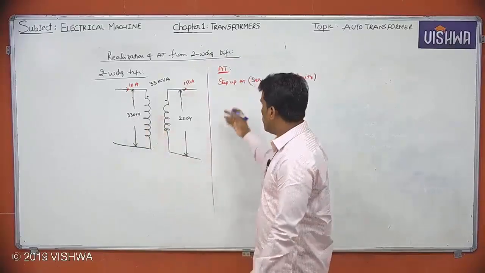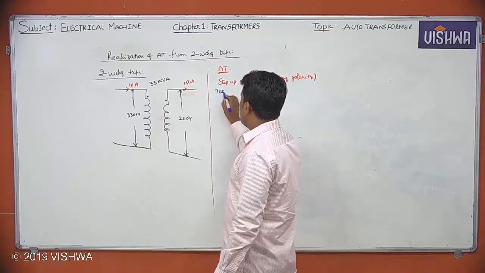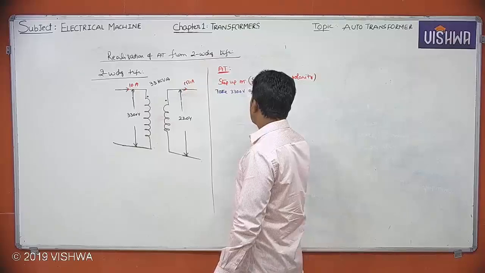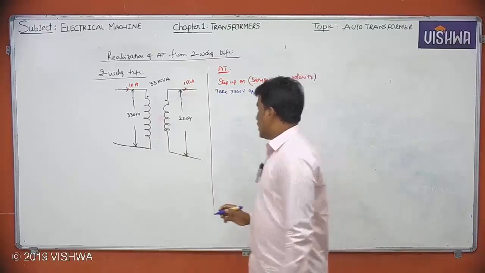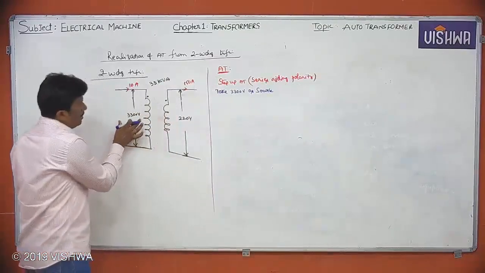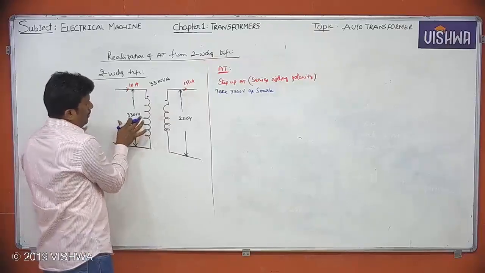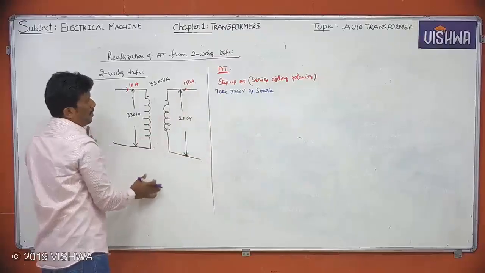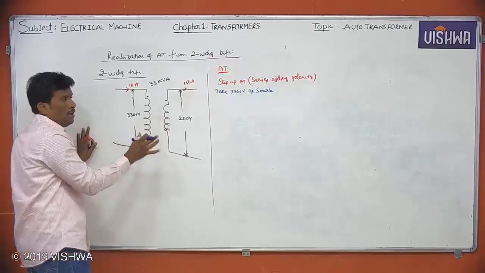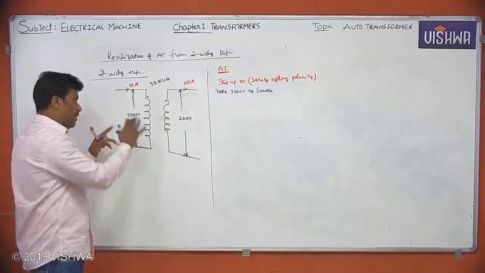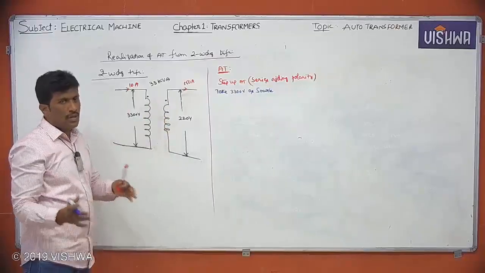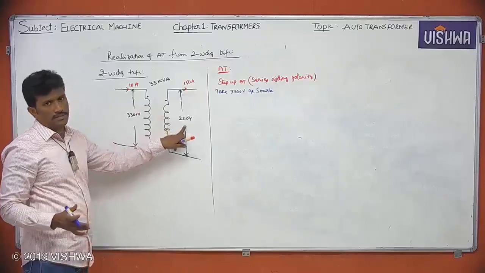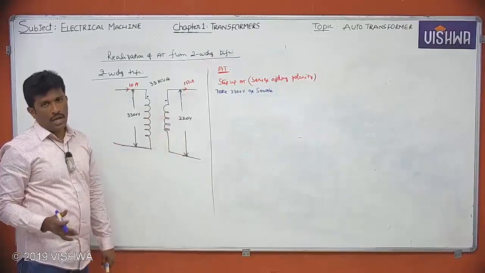So in our example, 3300 volts as source. Now tell me, if I take input 3300, what might be the output voltage? The same two windings only you have to use in the auto transformer; you cannot use any extra winding. So 3300 volts plus 220 volts.